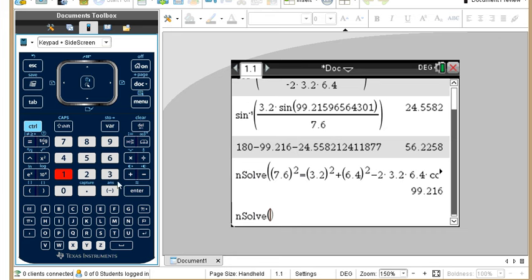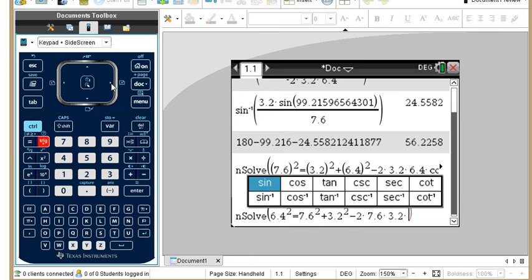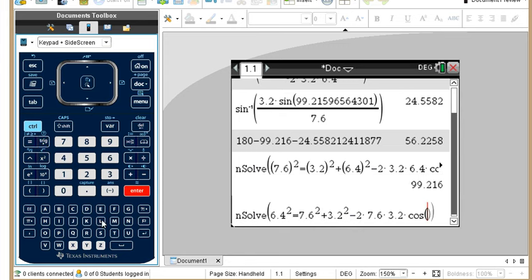So we put in 6.4 squared equals 7.6 squared plus 3.2 squared minus 2 times 7.6 times 3.2 times cosine, we'll call it cosine C. We'll just use the accurate number here.